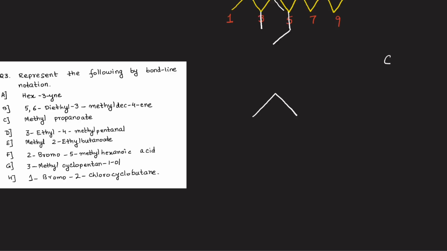Now propanoate means C double bond O, CH3. In other words, oxygen is a part of my chain. At this carbon, I have got a double bond O, and there is a CH3 group, right? Now try and imagine the molecule over here.